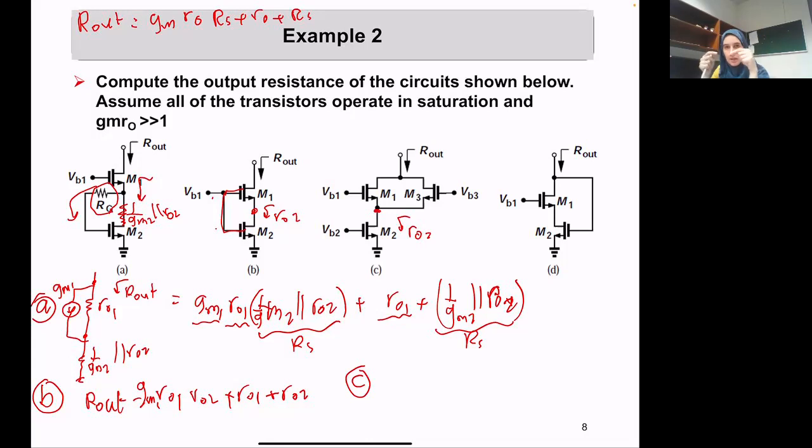Since those transistors appear in parallel, both of them give us current. Therefore, the gm gets added, while their output impedances basically become parallel. If you look, you have two current sources, one from gm3 V1, let's call it, and this is gm1 V1, the same.